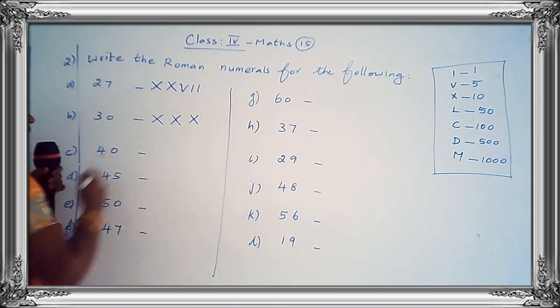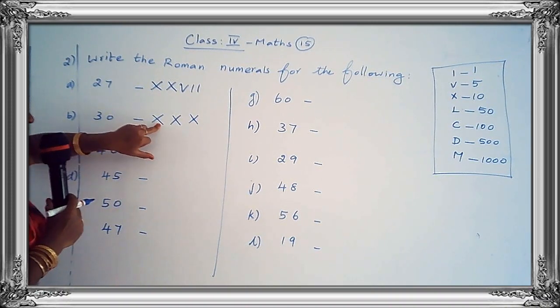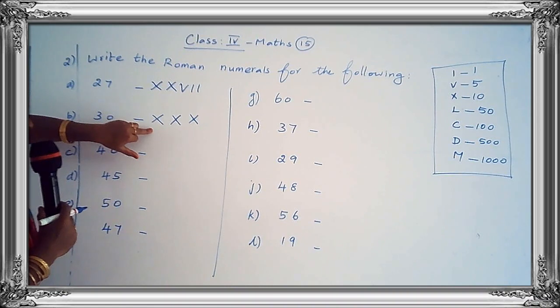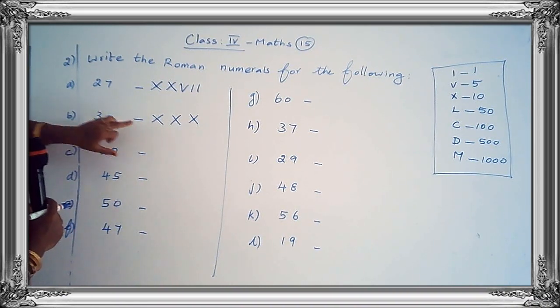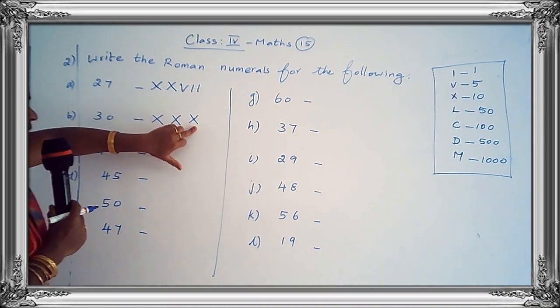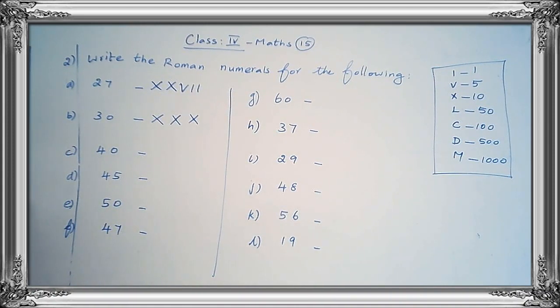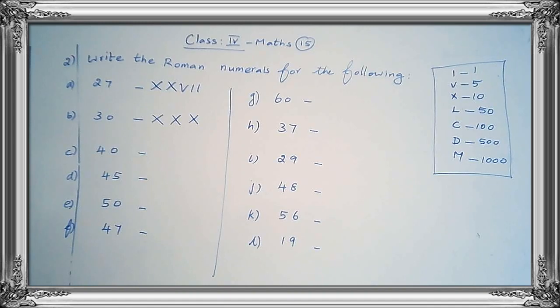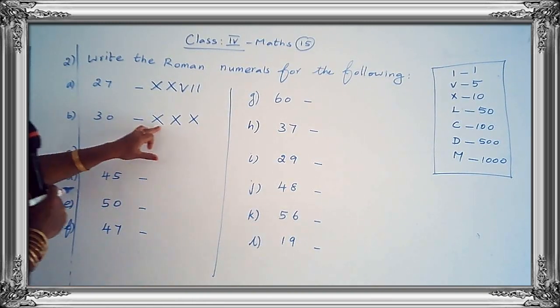Here X means 10, so 10 plus 10 plus 10, that's why the answer is 30. So 30 means XXX. Are you clear? Next 40. We wrote 30 as XXX.